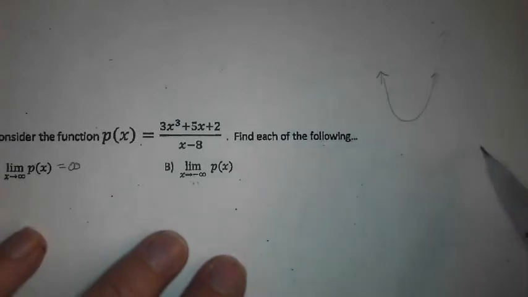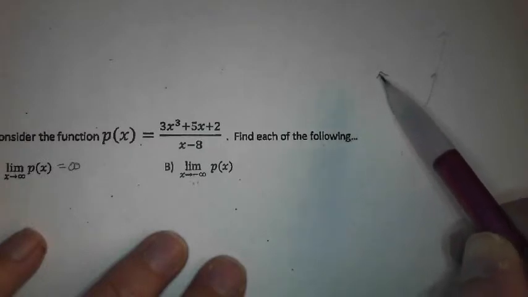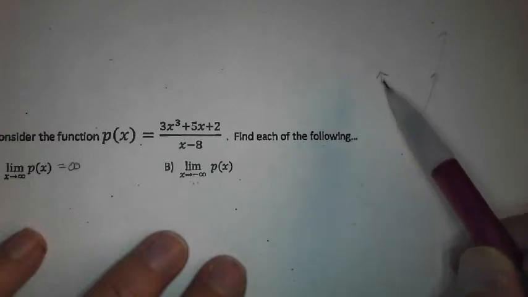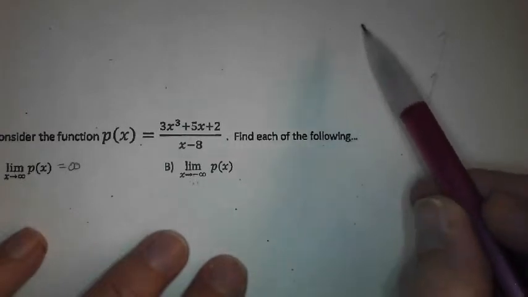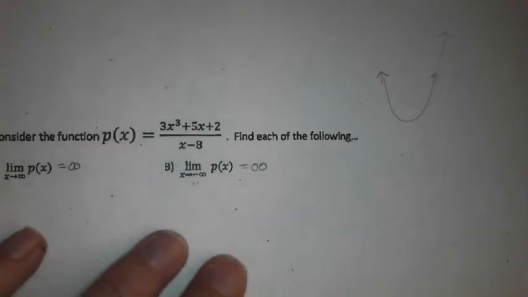As you trace along your function, however it might be bouncing back and forth, towards negative infinity, it's going to get closer and closer to the line of your quadratic asymptote, which is also going towards positive infinity. So this will be positive infinity either way you look at it.